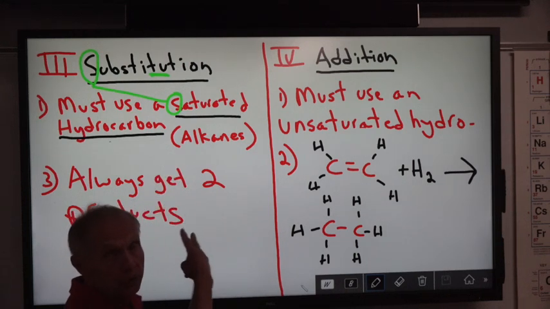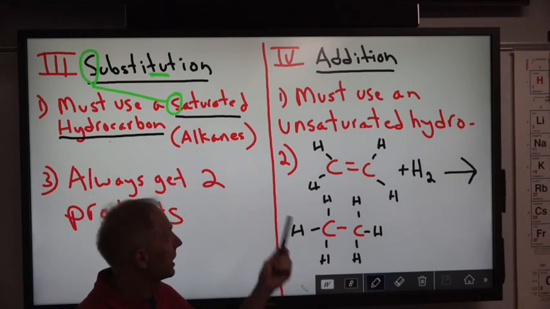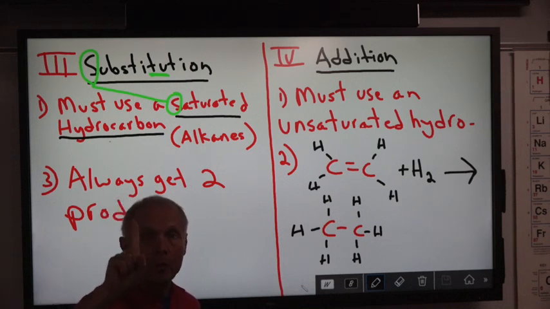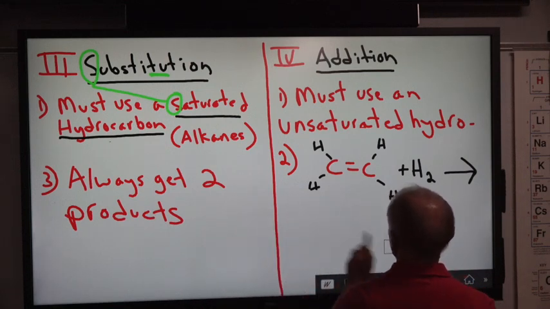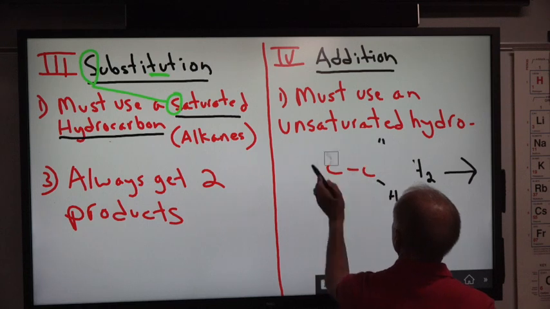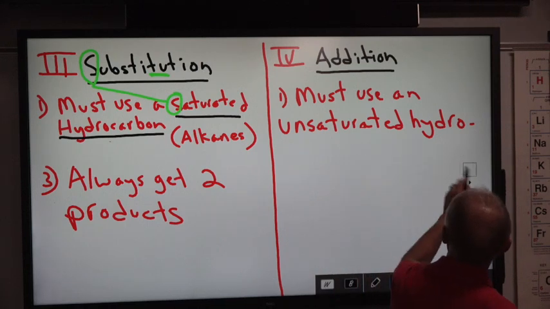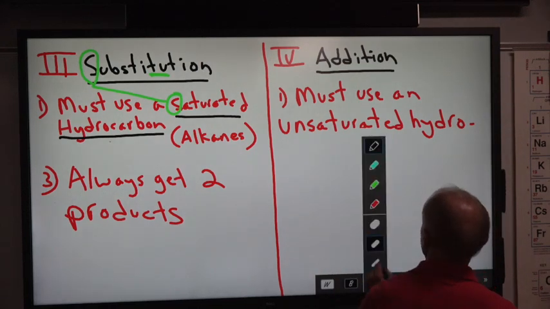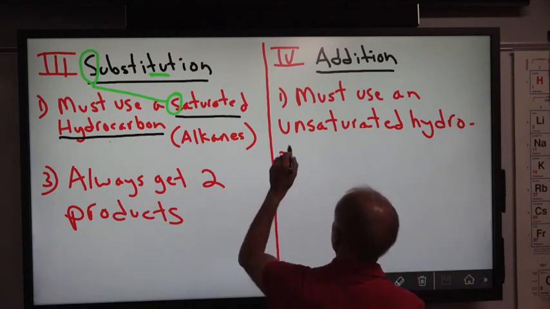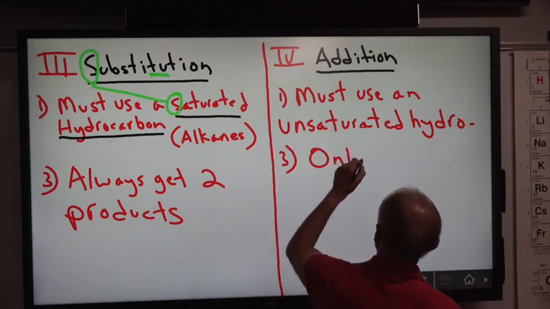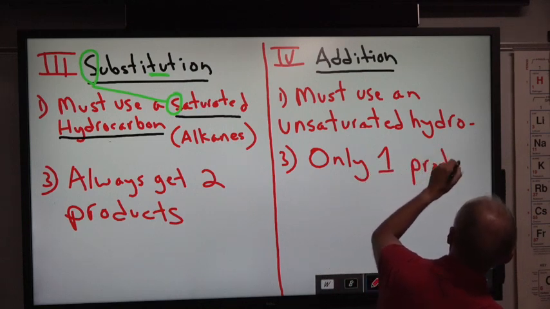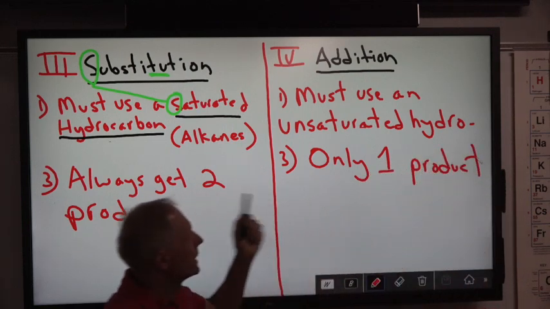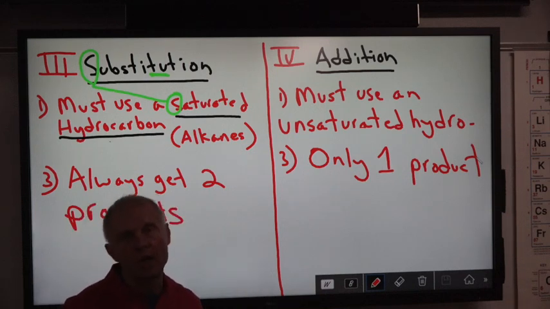So substitution, you got 2 products, but addition, you only have 1 product, and that's going to be number 3. So we only have 1 product.